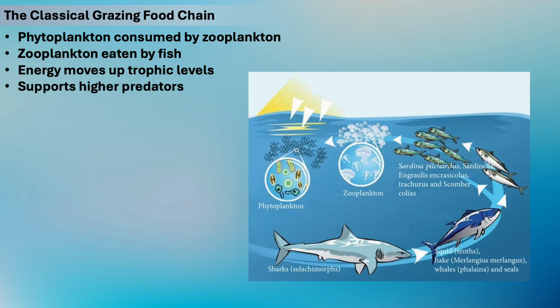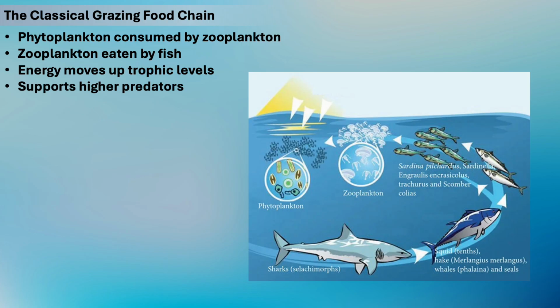This grazing pathway represents an efficient route for transferring energy through the food web because relatively few steps separate primary producers from higher level consumers. In productive marine regions, large populations of phytoplankton can support abundant zooplankton and fish populations.